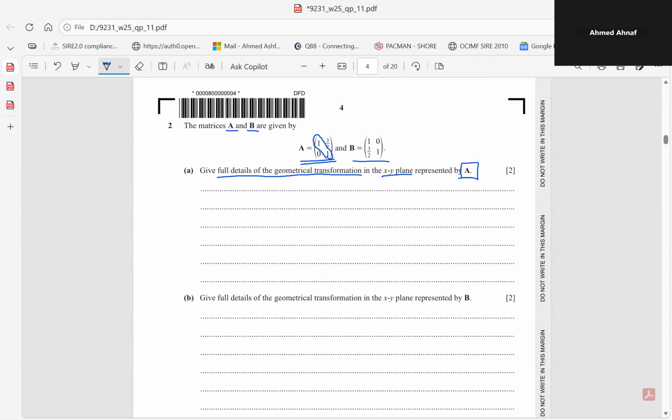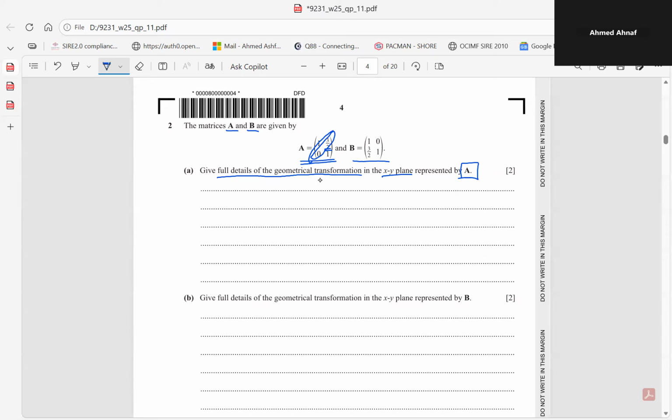Now check the other diagonal. You have 3 over 2 at the top and 0 at the bottom. If you see a non-zero number at the top of this diagonal, this means that this is a shear.